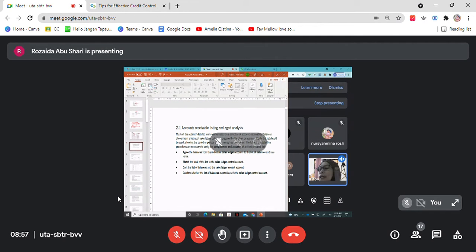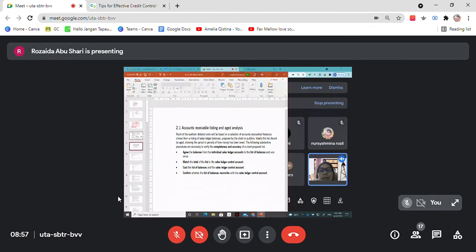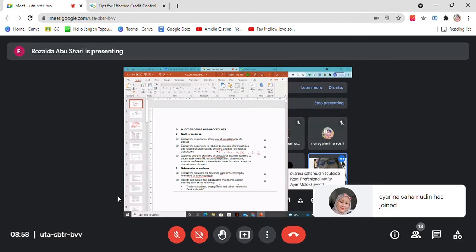So the most important procedure to gather the audit evidence for the account receivable is confirmation, so confirmation of account receivable, as we discussed in the first part.